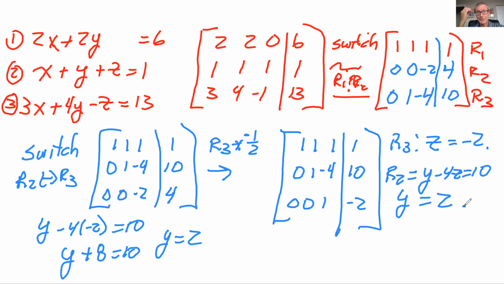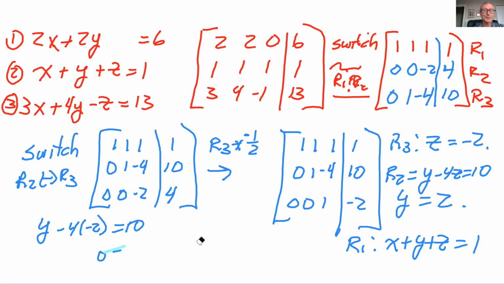And so what does row 1 indicate for us? Well, row 1 indicates X plus Y plus Z equals 1. And so if we back substitute the calculation we just did for Z and Y, we should be able to get X. So we get X, and what's Y? Y is 2.